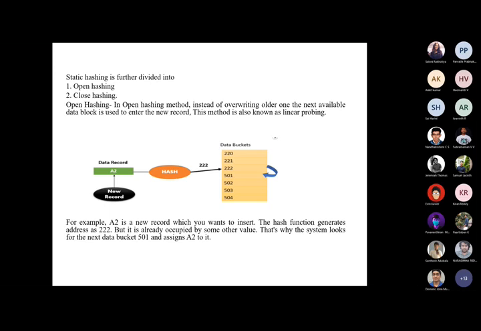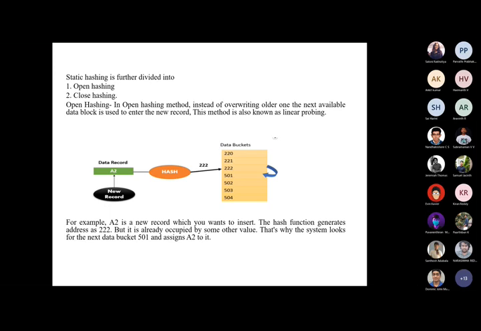For example, A2 is a record which you want to insert. The hash function generates the address of the record as 222. However, it is already occupied by some other record or value. So the system looks for the next data bucket which is free, 501, and assigns the record onto it. It's known as linear probing.